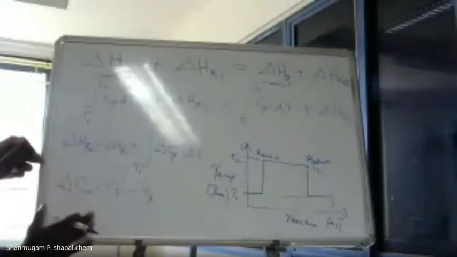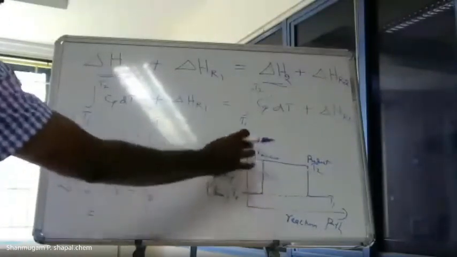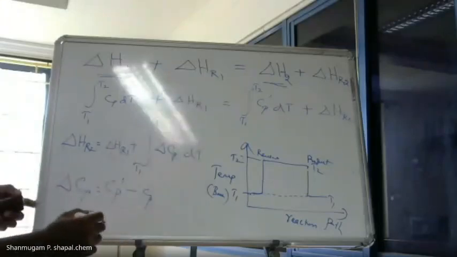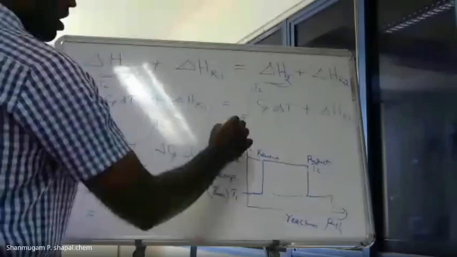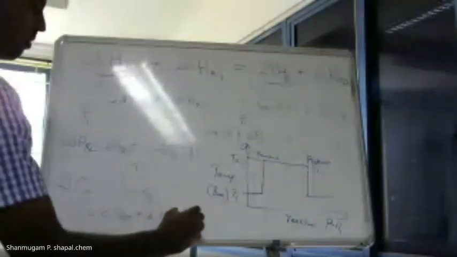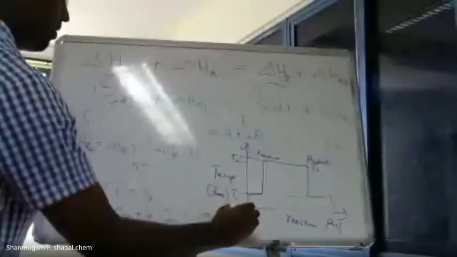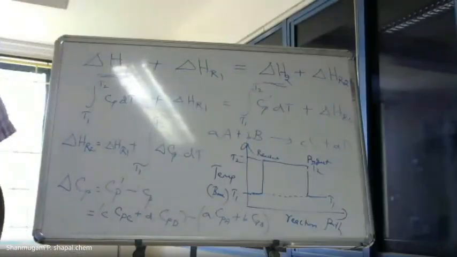Cp dash is nothing but the heat capacity of the particular reactant, or we take it as: small nu of C into Cp C plus D into Cp D, minus A into Cp A plus B into Cp B. Similarly, what we have done before, it was just a differentiation here.